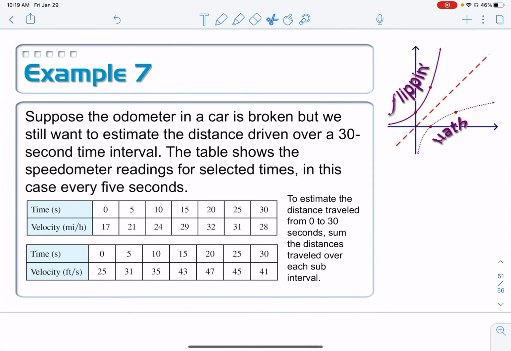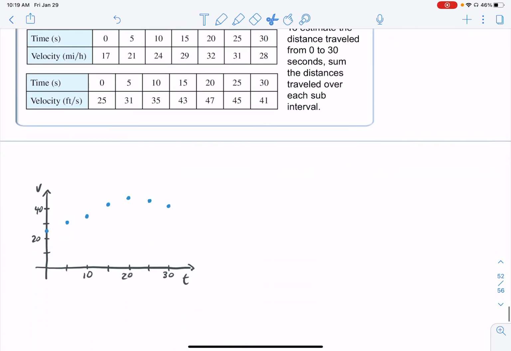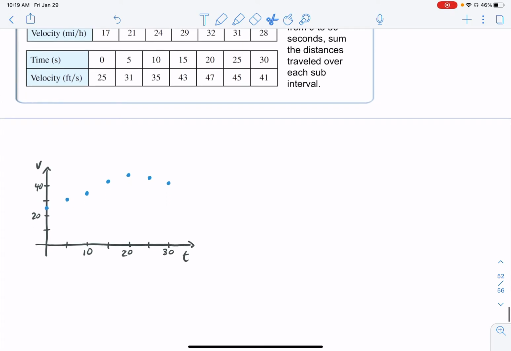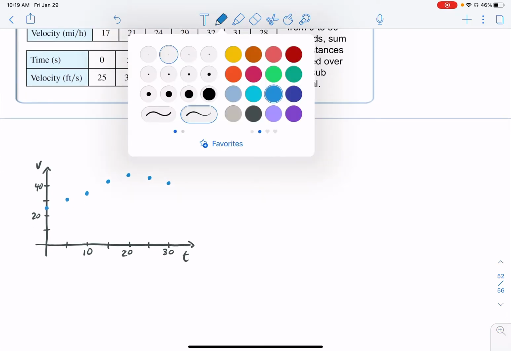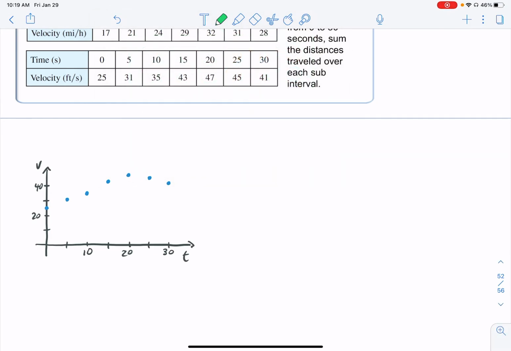Maybe it would be helpful if I quickly sketch out a scatter plot. Ta-da! Yep, there you go. And then, maybe this function should be some sort of continuous function. We don't know exactly what the equation would be. It doesn't really matter. We just need the little points here.